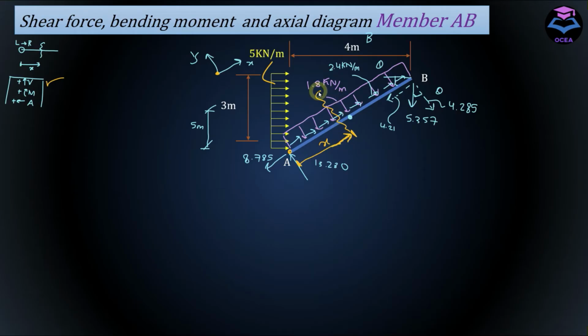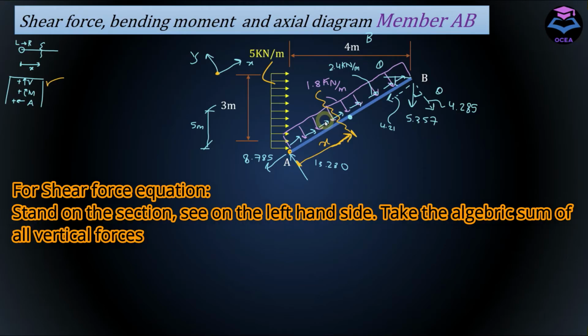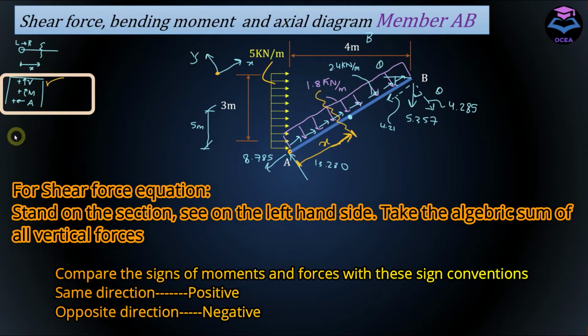For writing shear force equation, stand on the section C on the left hand side, take the algebraic sum of all the vertical forces that are acting on the member. So we have 13.280 which is vertical, and since I mentioned that upward force will be positive, and according to local axis of the member this force is going upward, it's going to be positive 13.280.